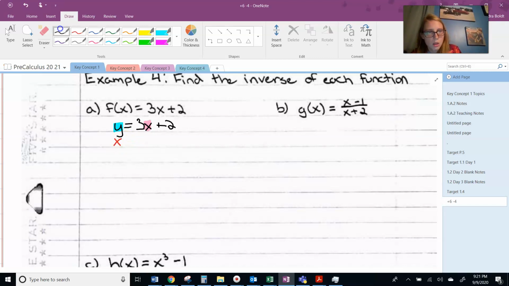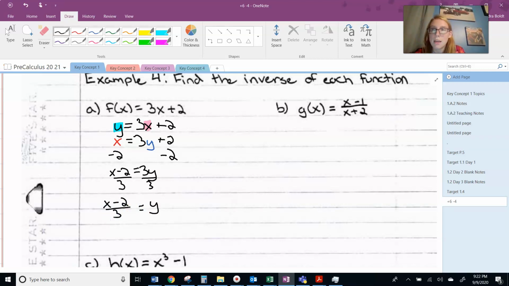X equals 3, instead of x, I'm going to put y. And now I'm just going to solve for that y. So I'm going to subtract 2. Still solving for that y, so I'm going to divide by 3. And I get y equals x minus 2 over 3.